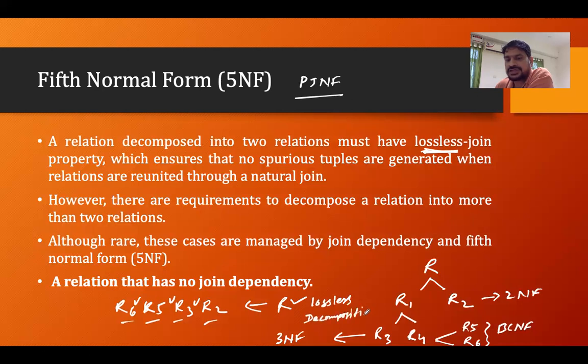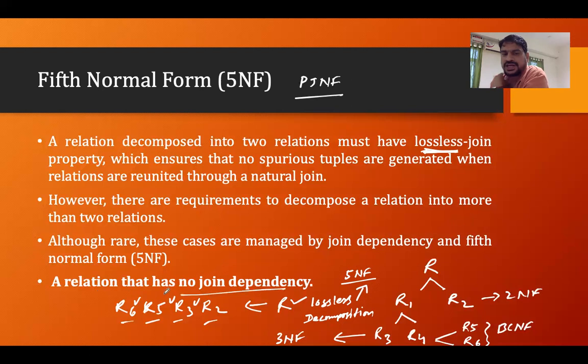If it is a lossless decomposition, then it is also in fifth normal form. It means all the splitting that you have done is good splitting and you are in fifth normal form. It means that there is no join dependency.